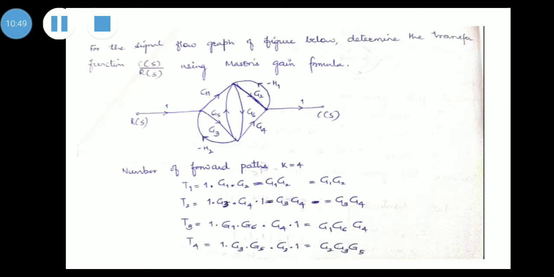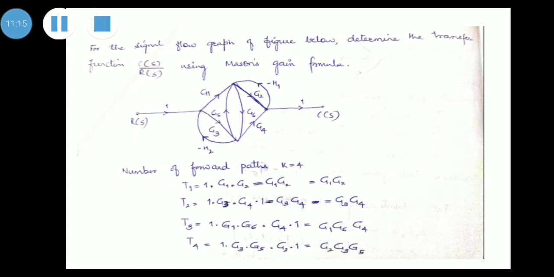Next, the third forward path is 1 into G1 into G6 into G4.